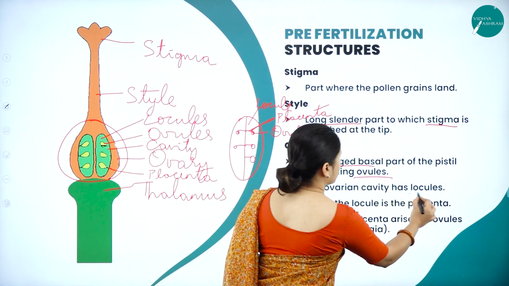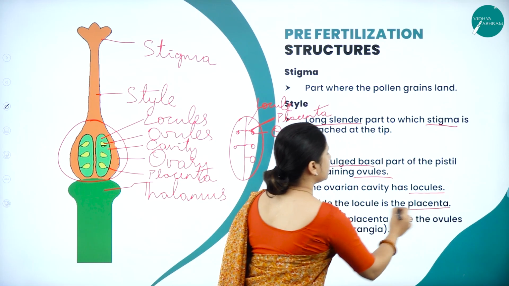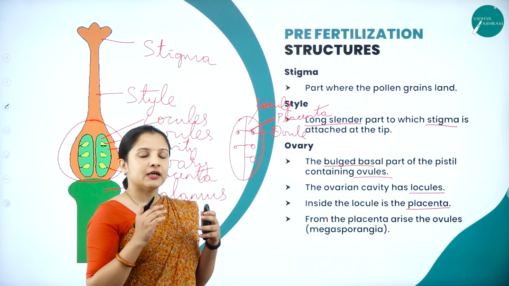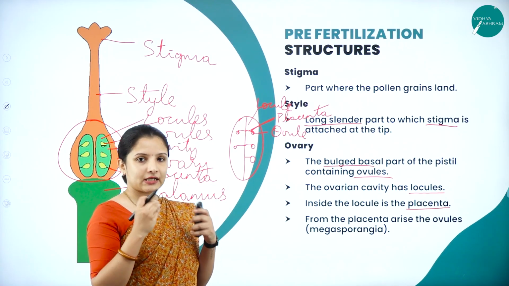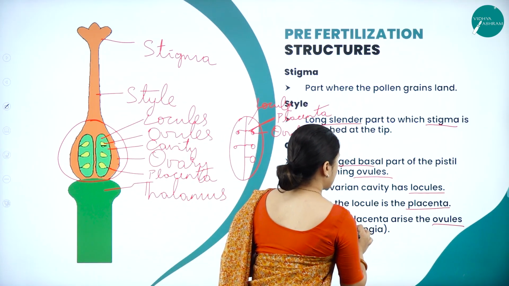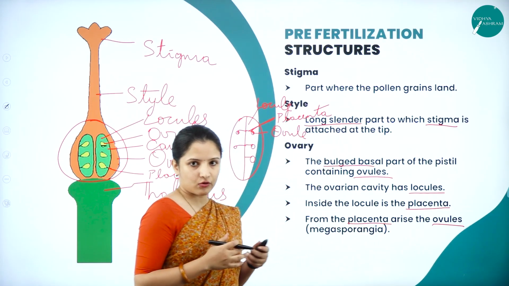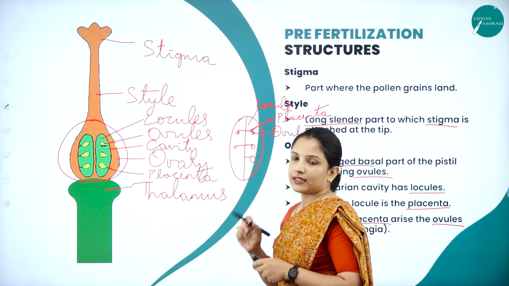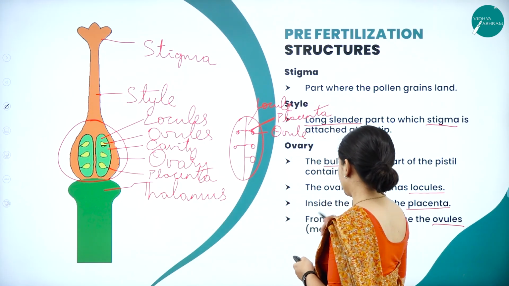When you see the placenta, it is a connectivity between the ovules. The placenta is the one which holds the ovule inside the ovary in its place.